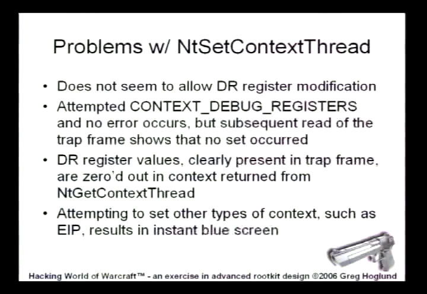Now, to do this for user mode, you understand, when you're in kernel mode, you can't just set the DR registers, because that's a kernel mode context, and it's just going to get cleared. So there is a function call that Microsoft has that you're supposed to be able to use to set a thread's context, called NtSetContextThread. The problem is it doesn't work. There's an enumerated type, CONTEXT_DEBUG_REGISTERS, where you're supposed to be able to set these registers.